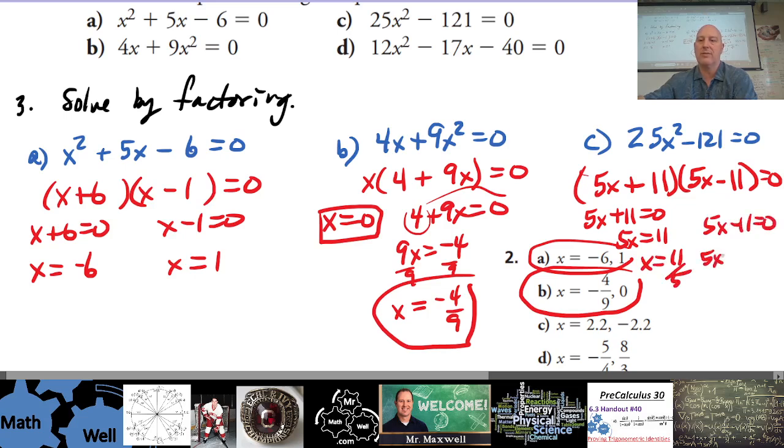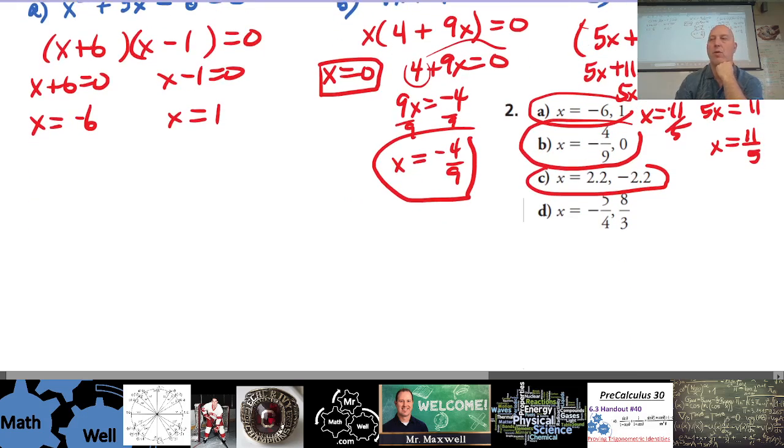That's 5x equals, whoops, this one should be negative. I forgot my negative there. This one's positive. 11 over 5. So that's where you get your 11 over 5 is 2.2. Negative 11 over 5, negative 2.2. So that's just really quickly how to solve those by factoring. You might like the quadratic formula a little bit better, or you might like the factoring better. If you have to choose, you can pick either one.